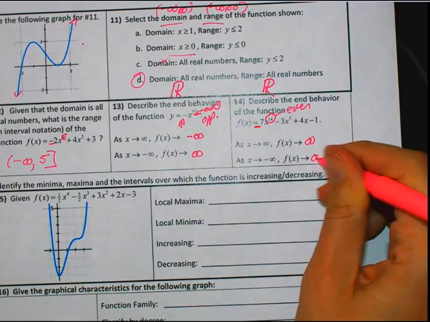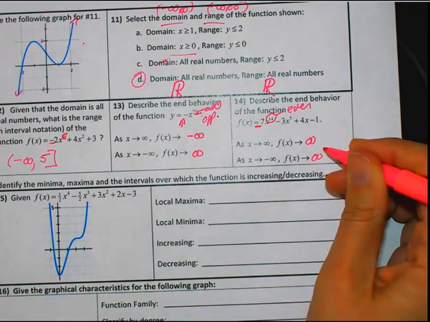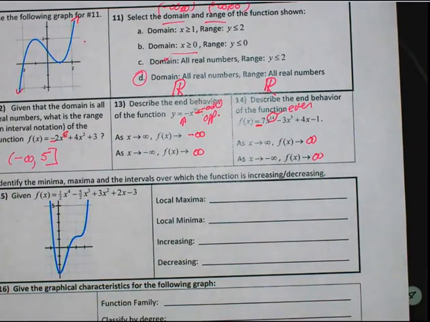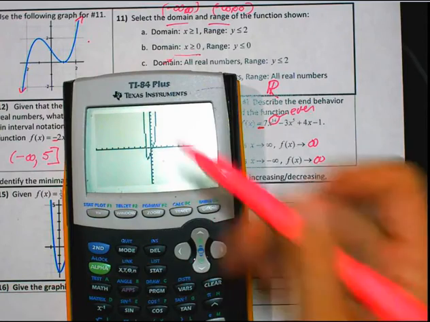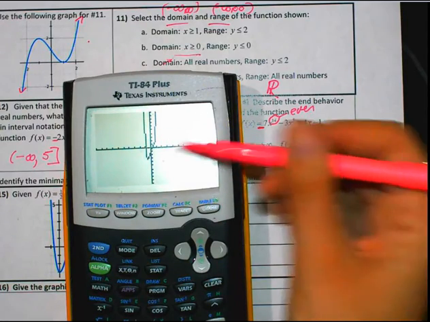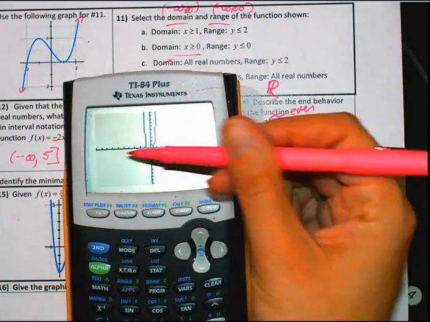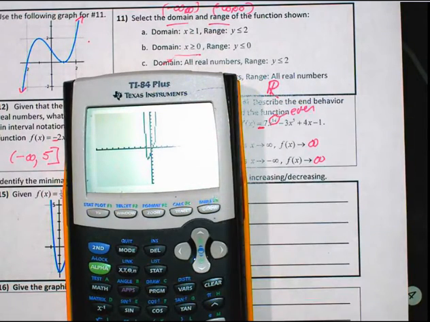So as x approaches positive infinity, f of x approaches positive infinity, and as x approaches negative infinity, f of x approaches positive infinity. If we graph that one, you would see that as x is approaching positive infinity, f of x is approaching positive infinity.